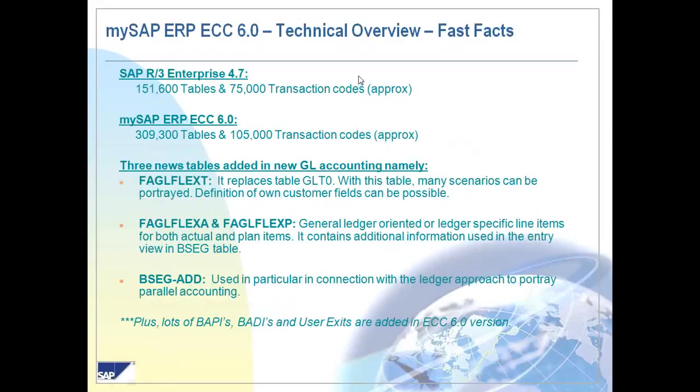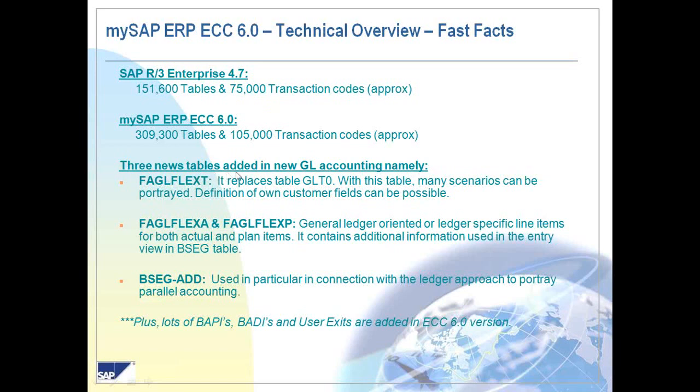So there is SAP R/3 Enterprise 4.7. Here we have so many tables and so many transaction fields. Whereas in the 6.0 version, the tables are increased to a larger extent, and also the transactions are increased by around 30,000. Okay.